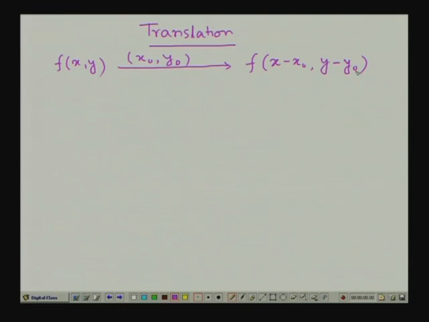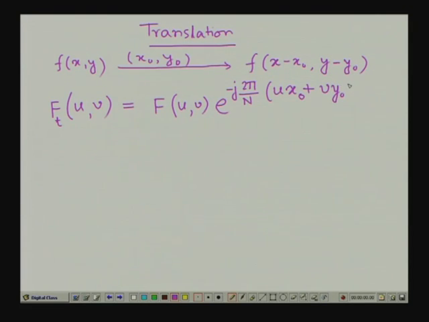If we take the Fourier transformation of this translated image, which we had represented as F_t(u,v), this became equal to F(u,v) into e to the power minus j 2 pi by capital N (u x naught plus v y naught).